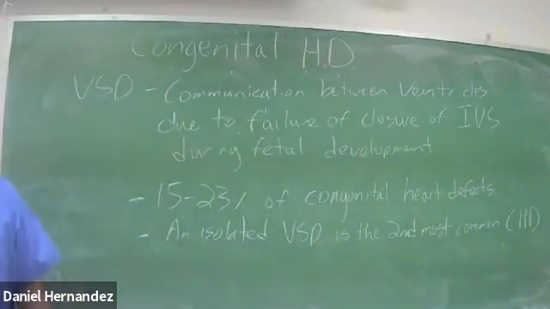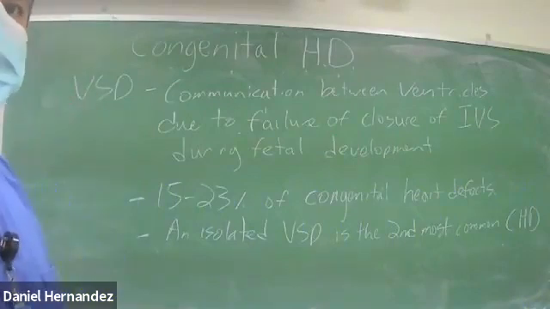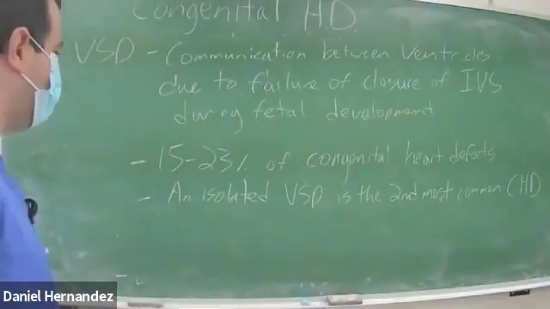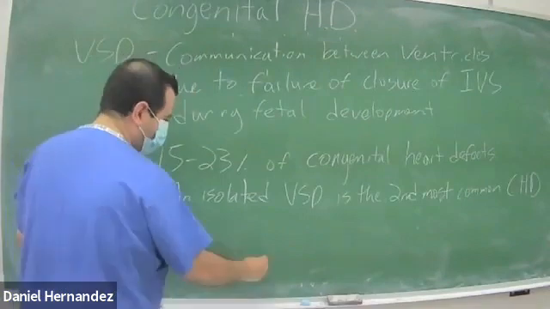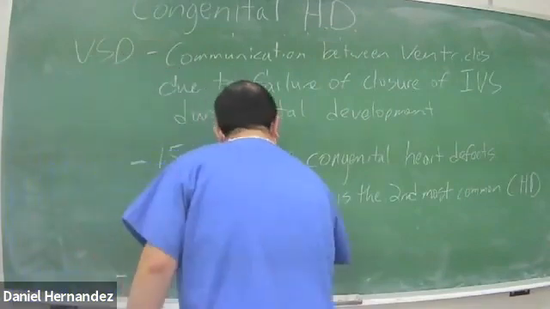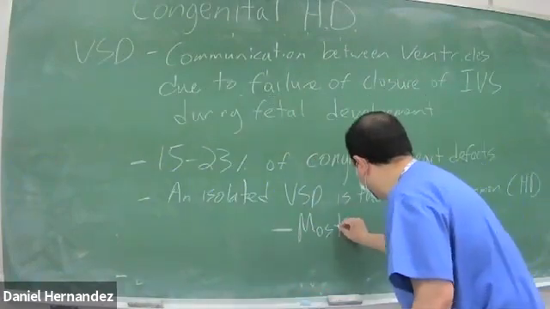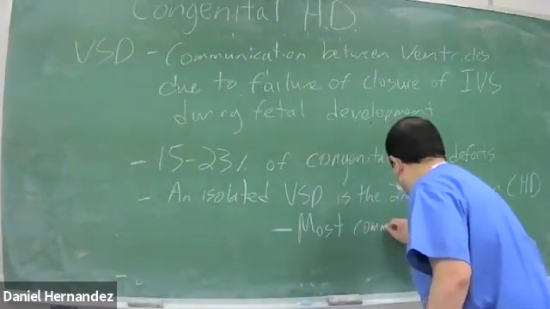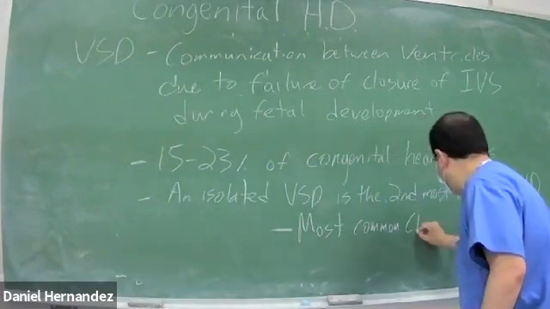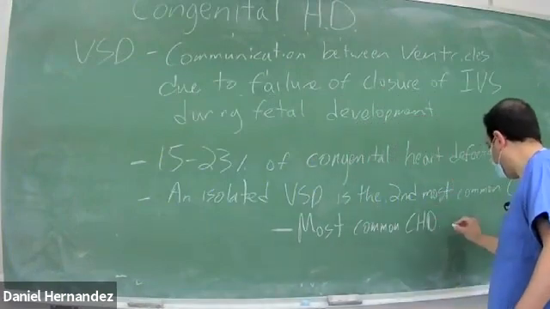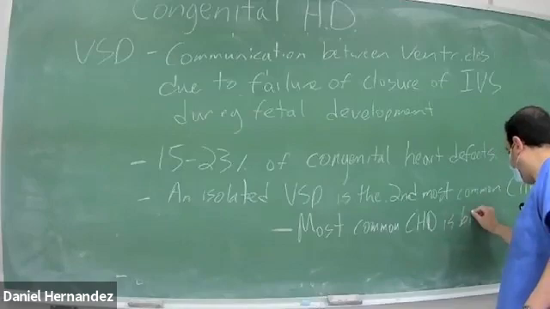Anyone want to guess what the most common is? The most common is actually a bicuspid aortic valve. Most common congenital heart defect is bicuspid aortic valve.